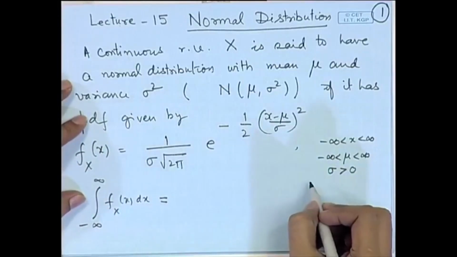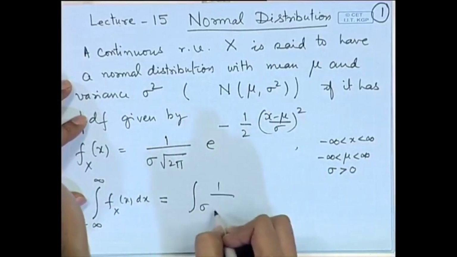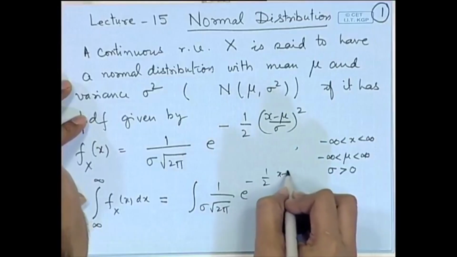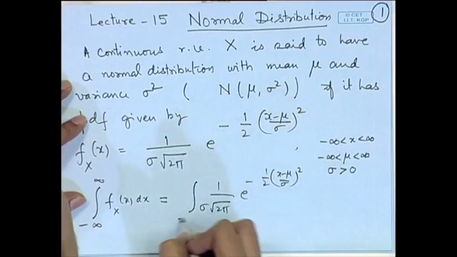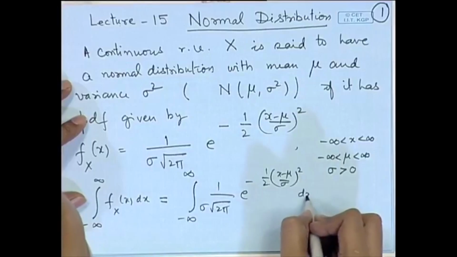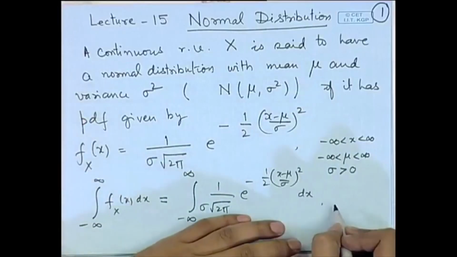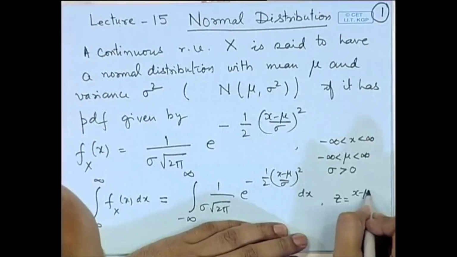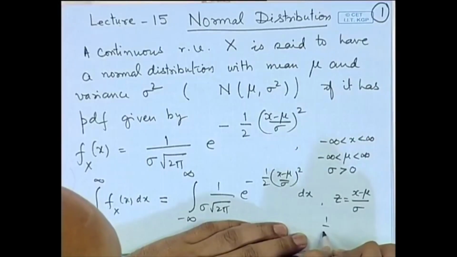Here we make a transformation. So, the integral of 1 by sigma root 2 pi e to the power minus 1 by 2 ((x minus mu) by sigma) whole square, from minus infinity to infinity. Let us make the transformation z equal to (x minus mu) by sigma.